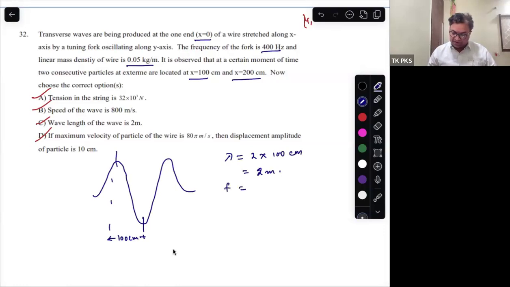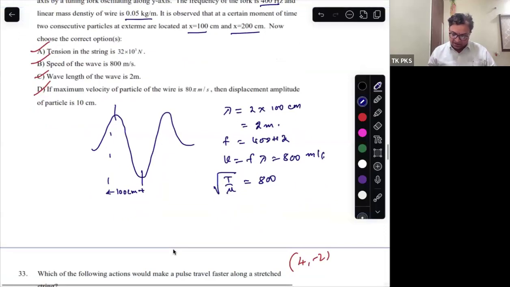You already know frequency, 400 Hz. Velocity is frequency times lambda, 800 meter per second. Root T by mu is equal to 800. T is equal to mu times 16 into 8 is 64 into 10 power 4.